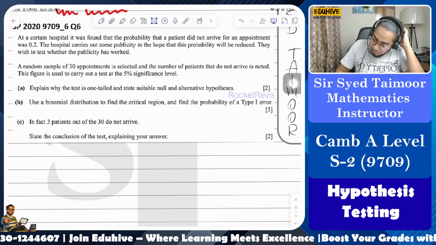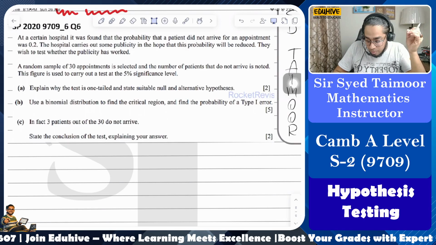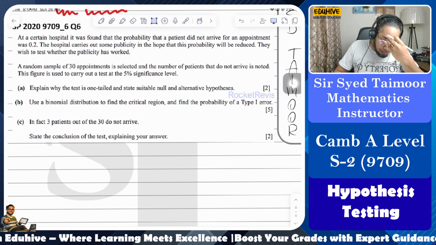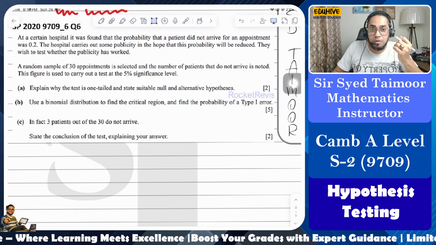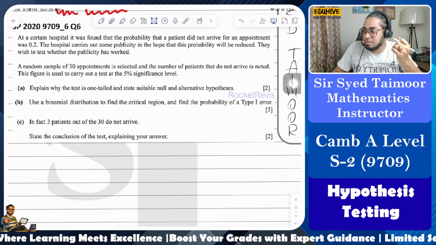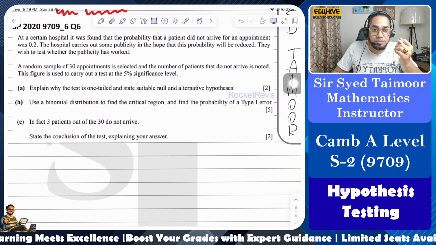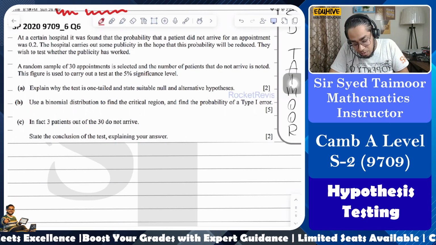At a certain hospital, it was found that the probability that a patient did not arrive for an appointment was 0.2. The hospital carries out some publicity in the hope that the probability will be reduced. So, what kind of test is this? One tail. Left or right? The lower tail test. Okay.